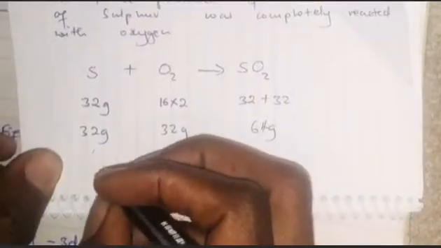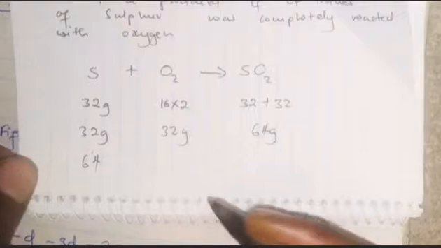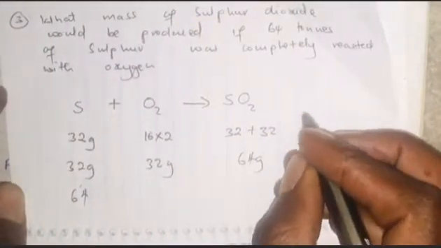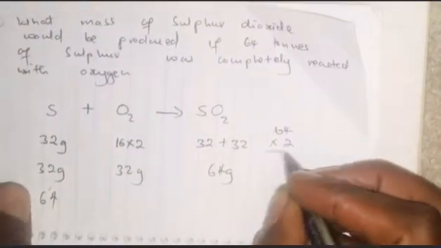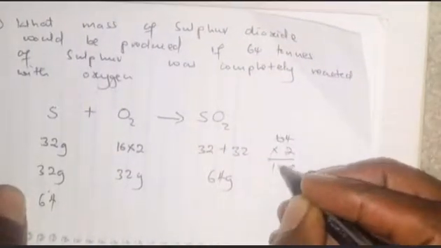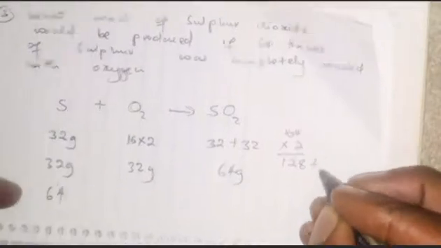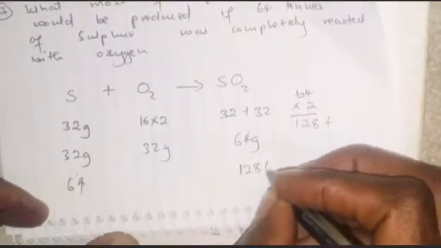So if 64 tons of sulfur reacts, I'm simply going to get 64 multiplied by 2, because it's supposed to give me double the tons of sulfur. That's 128 tons of sulfur dioxide here.